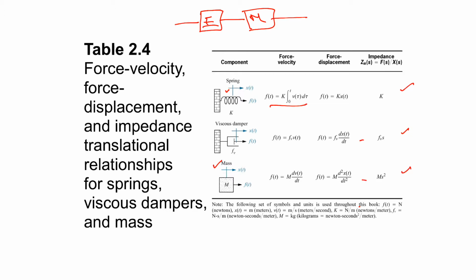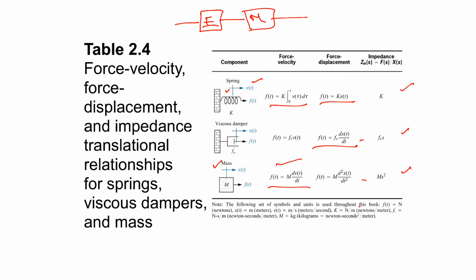For the spring, the displacement x is directly proportional to the force. In case of the viscous damper, the force is equal to this constant Fv times dx by dt, that is the rate of change of displacement, and for the mass, force is equal to m into the rate of change of velocity, that is force equals ma.